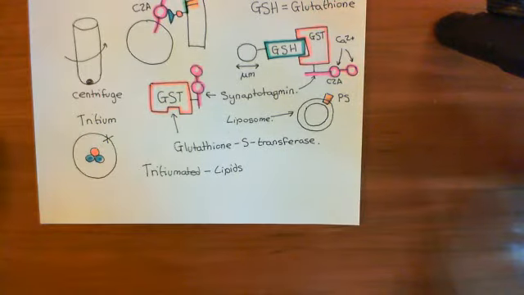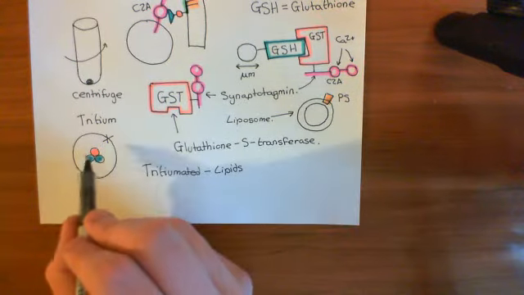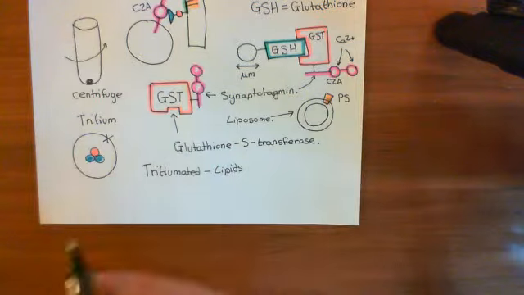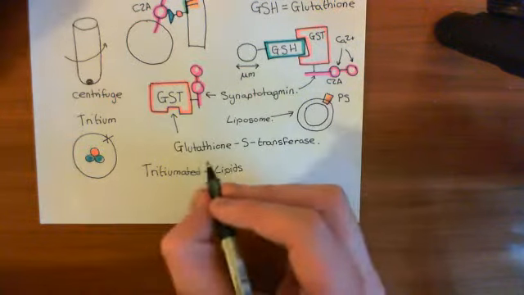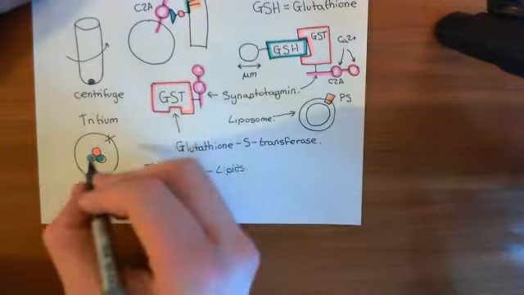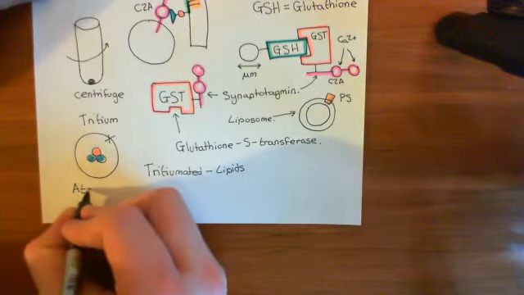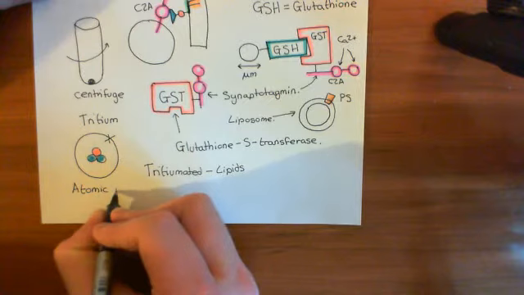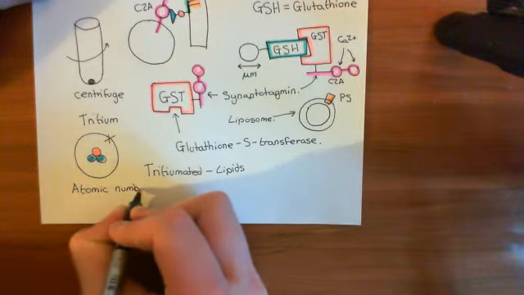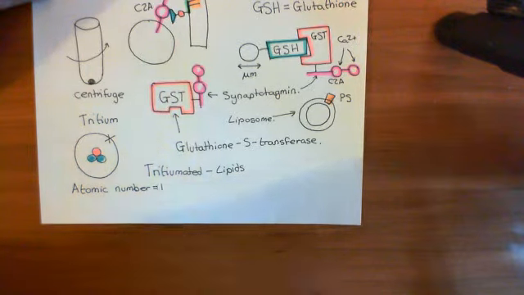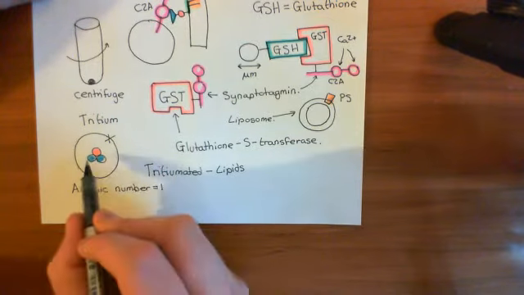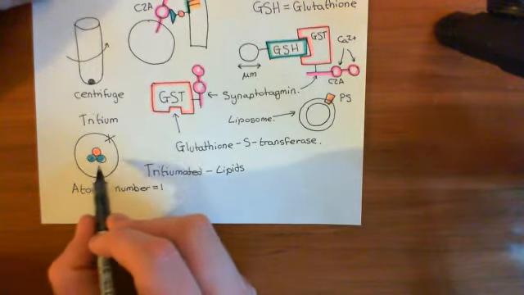So, if you have 1 proton in your nucleus, then you are hydrogen. What atomic element you are is determined by how many protons you have. The fancy name for the number of protons is the atomic number. So the atomic number of tritium is indeed 1, which makes it hydrogen. However, you can vary the number of neutrons.